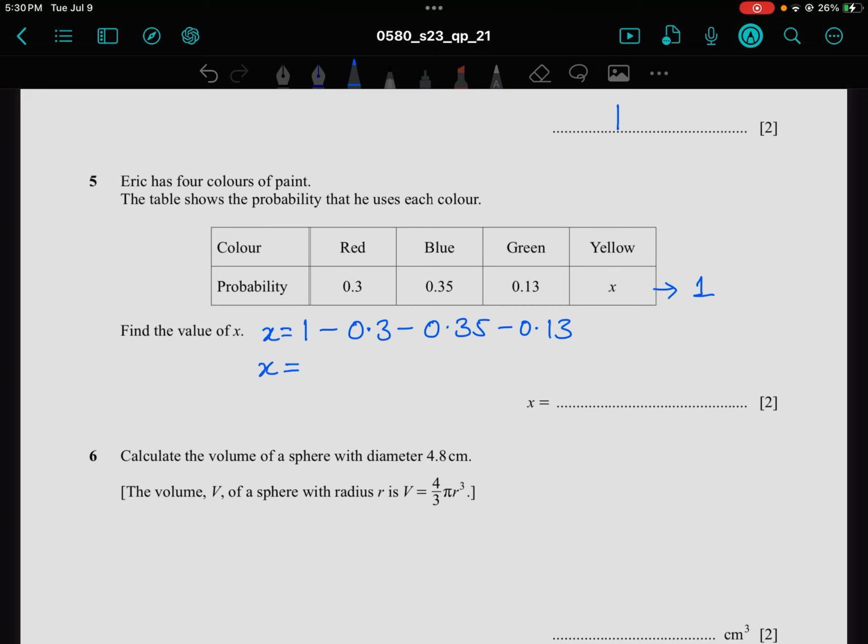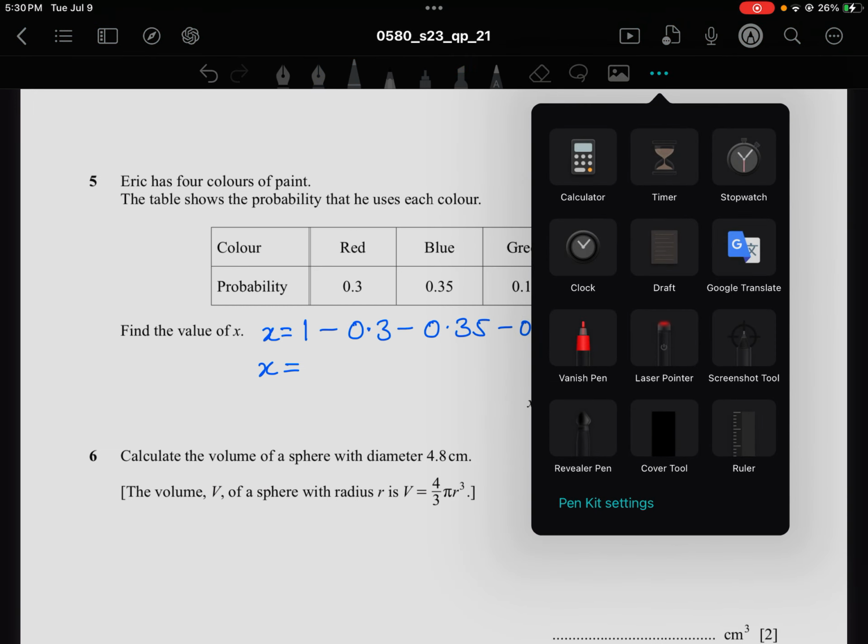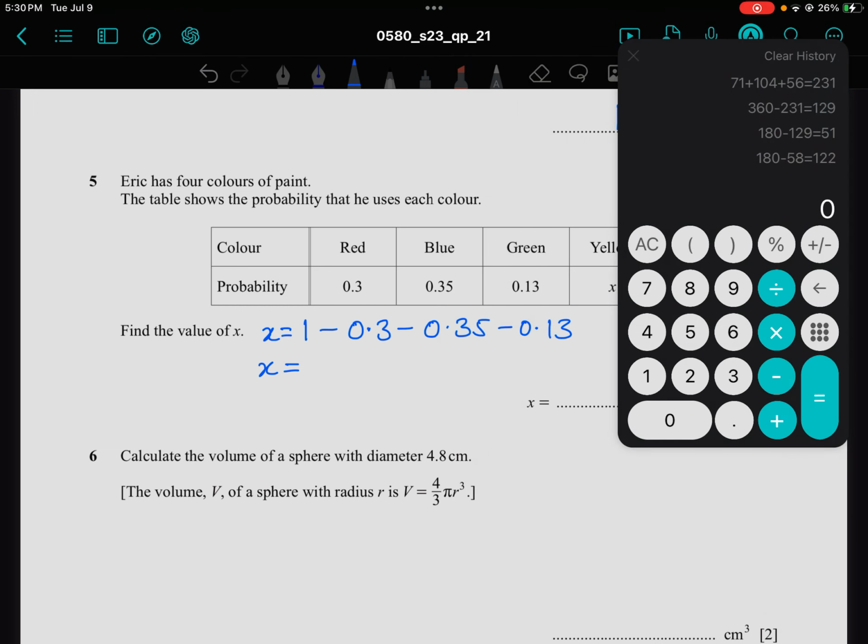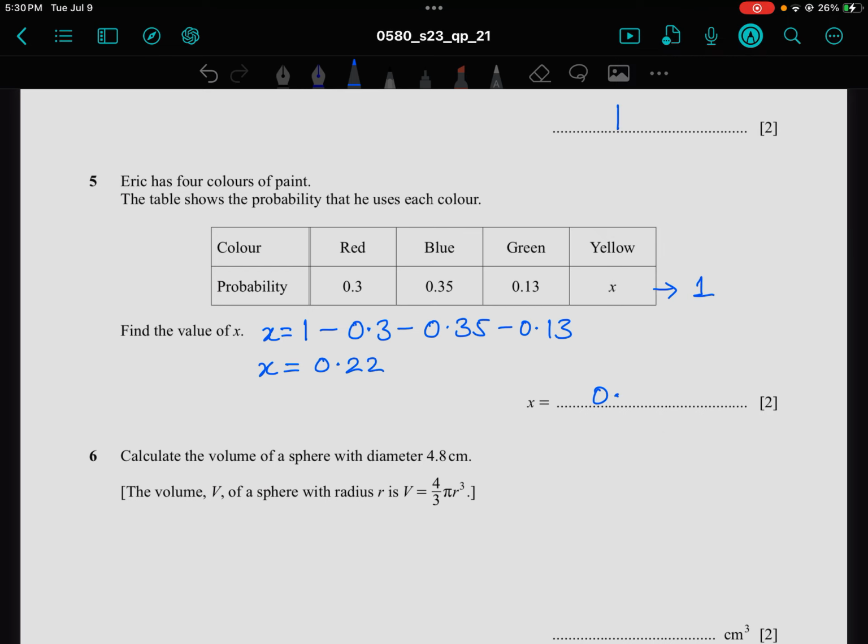That is the probability of the remaining yellow one. Using calculator, 1 minus 0.3 minus 0.35 minus 0.13 gives me 0.22. So this is the probability of yellow.